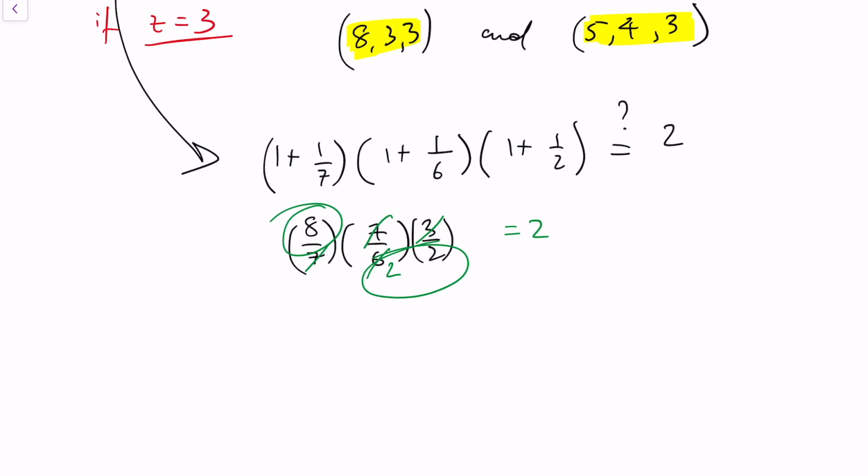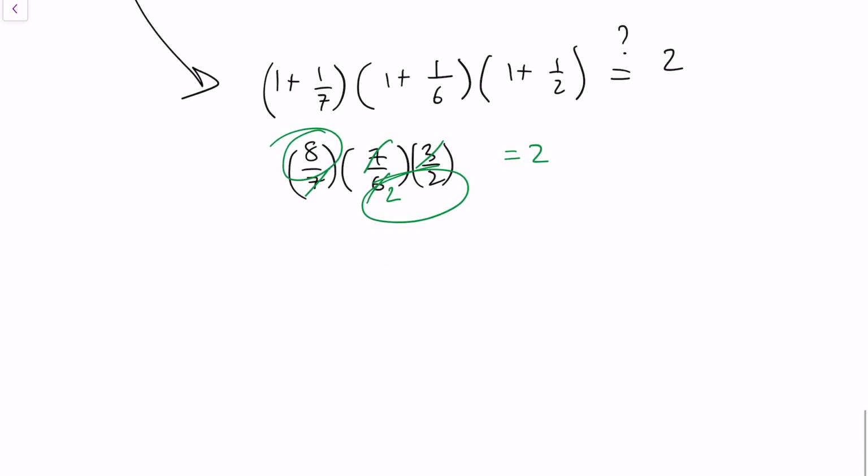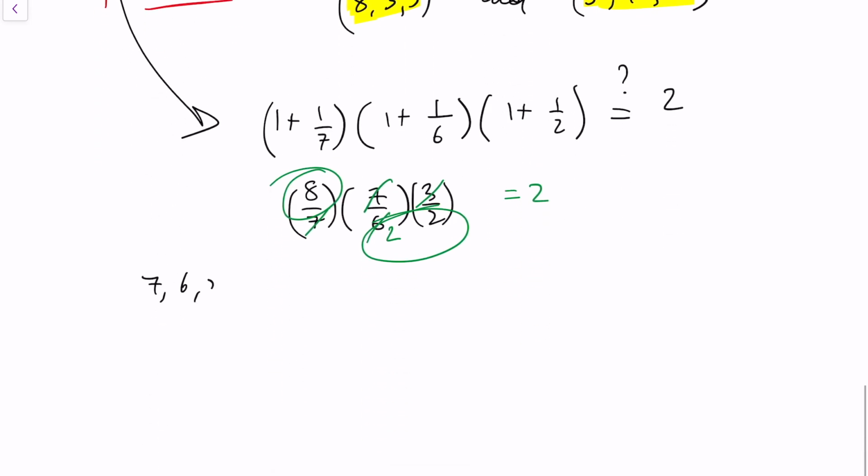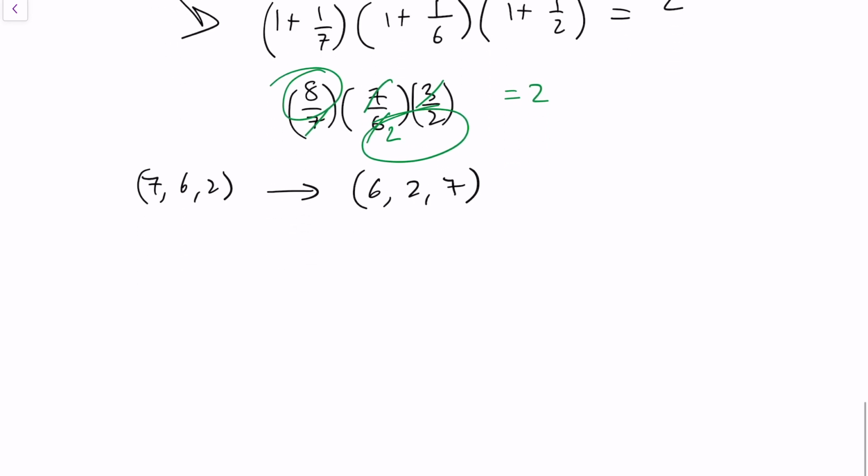It solves the problem. But what is more interesting is that any cyclic permutation of any of the solutions will also solve the problem, as you can see from the symmetry here. In other words, instead of having 7, 6, 2, let's do a cyclic permutation, 6, 2, 7, right?